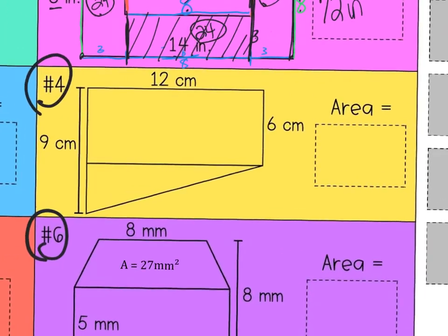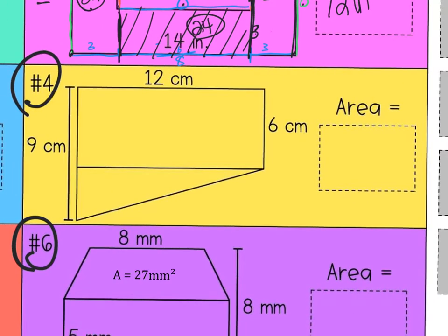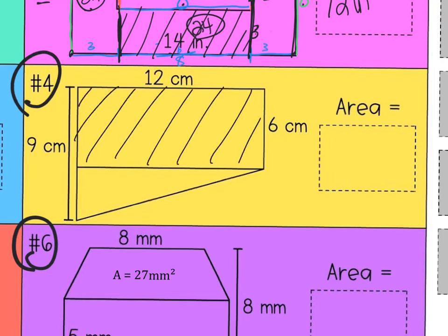All right, let's zoom in on the yellow one. All right, so the yellow one, I see a rectangle up here with a length of 12 and a length of 6. 12 times 6 is 72.